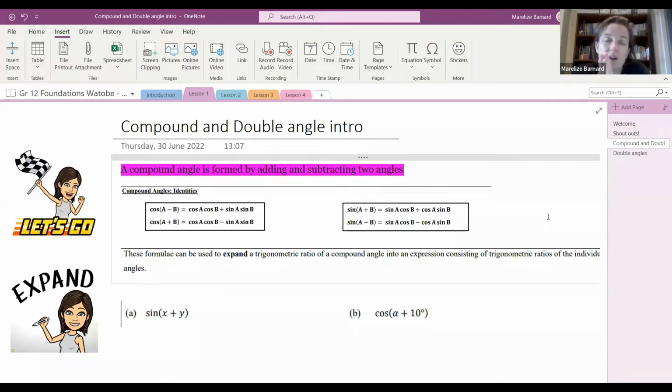So that's why we are kicking off with compound and double angles, because all your trigonometry in grade 12 is basically grade 11 trigonometry plus compound and double angles. So everything you need to know for trigonometry, you would have learned in grade 11. And then we did a proper run through of that a few weeks ago.